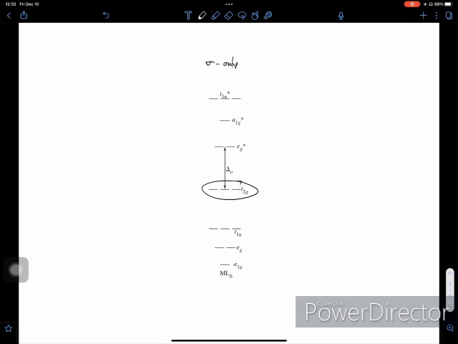Pi donor ligands are the ones donating electron density into the T2g of the metal, which means that they start off with a lower energy to mix, and this creates a T2g and T2g star, with the eg star carrying over. And this has a much smaller octahedral splitting because the gap between the T2g star and the eg star is much smaller.